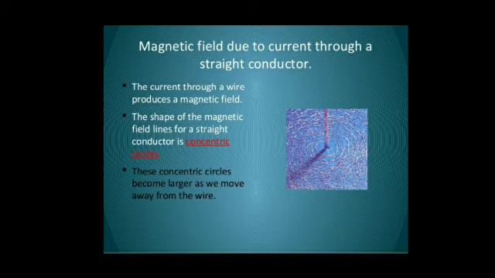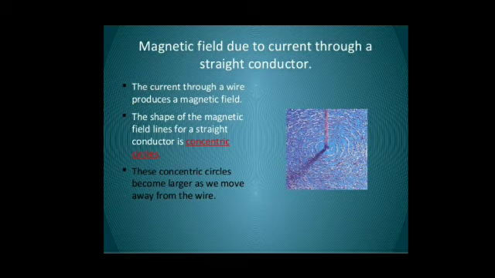So what does this imply? That if we move away from the wire, and now the wire acts as a magnet, because electricity produces a magnetic effect, then when you move away from the magnet, the magnetic force decreases.